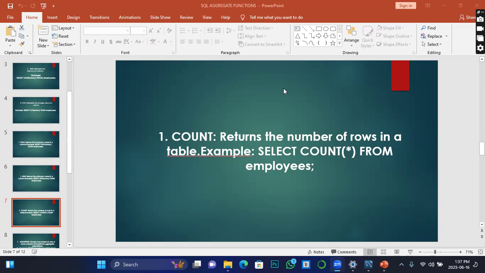So count returns the number of rows in a table. Example, select. So this is what you are counting, all. Once you are done, let me know so that we can go and relate it.